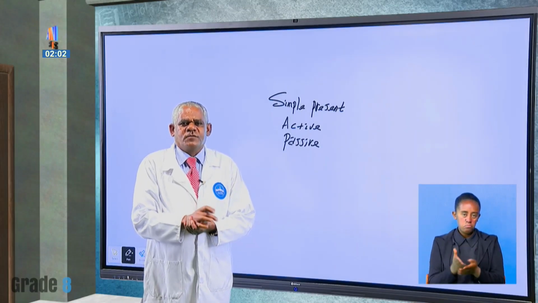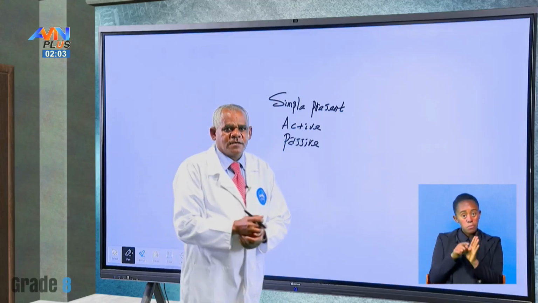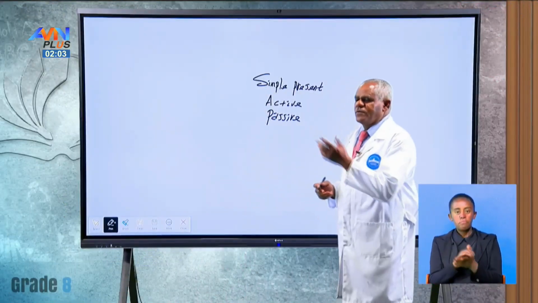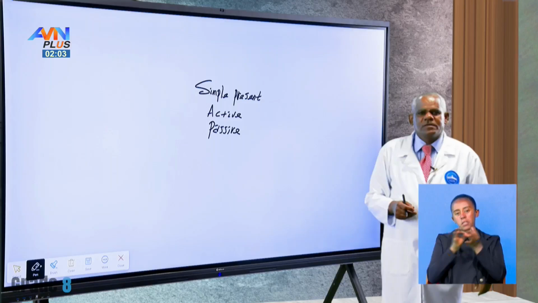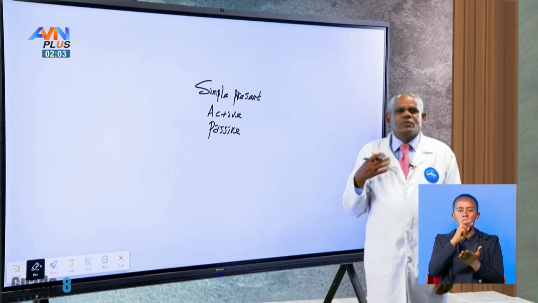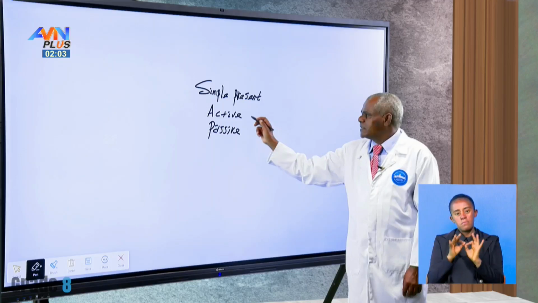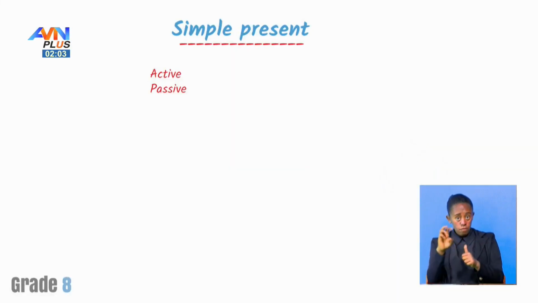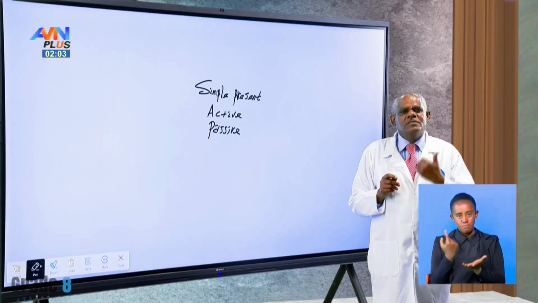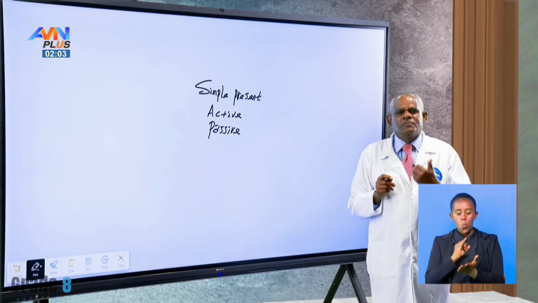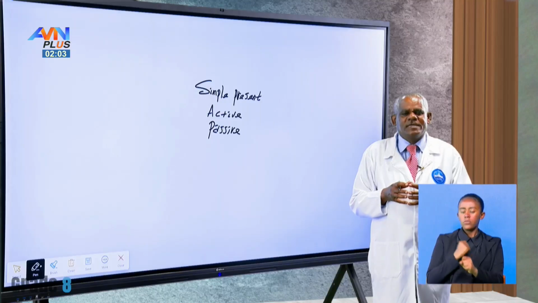Before I give you some sample examples, I would like to give you some explanation about what active means and what passive means. Active means, students, giving more emphasis to the doer of the action. That means the subject, the one who is performing the action in a sentence.